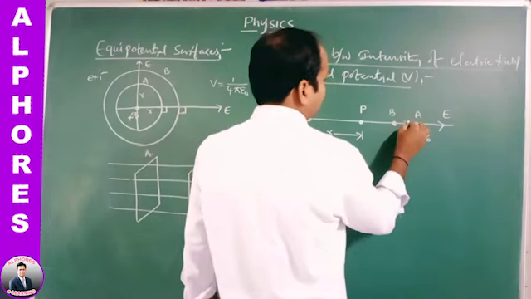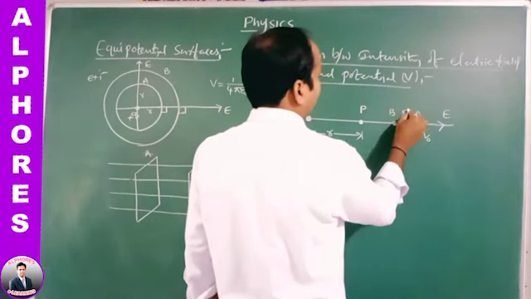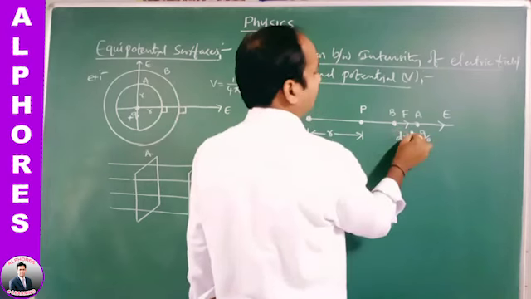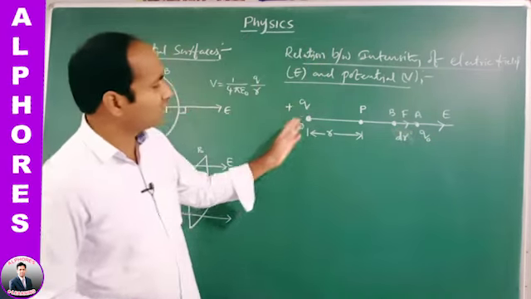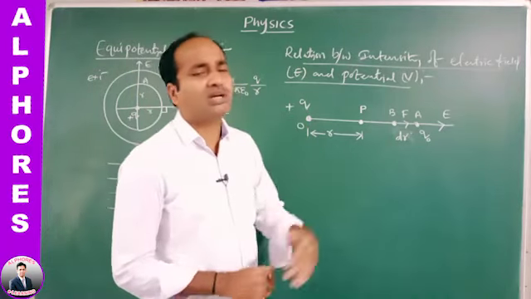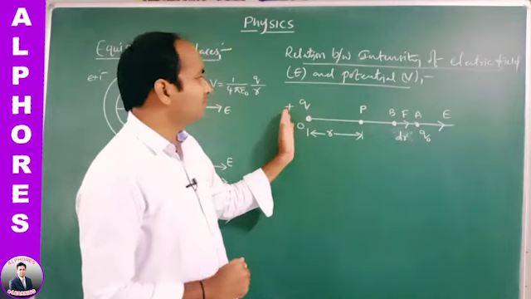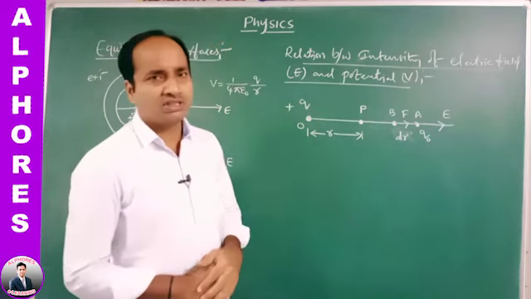Means the direction of force is from B to A. Because we know that this is a positive charge, and Q naught is also a positive charge, obviously this plus Q naught is repelled by this another positive charge.